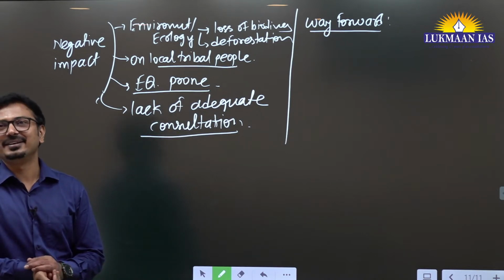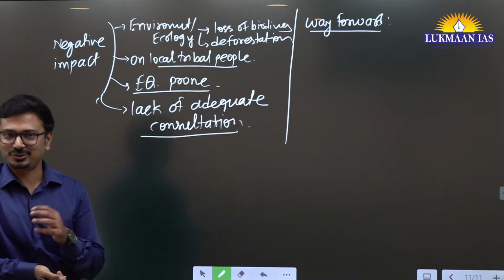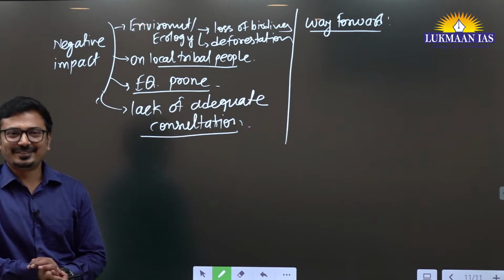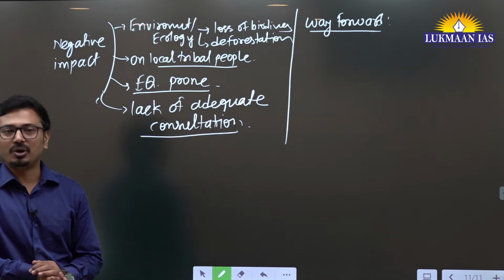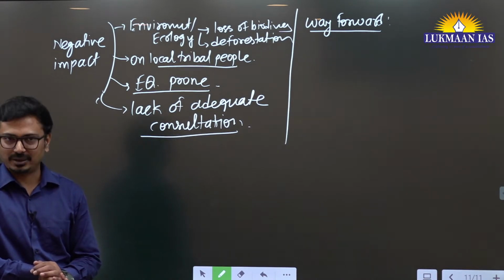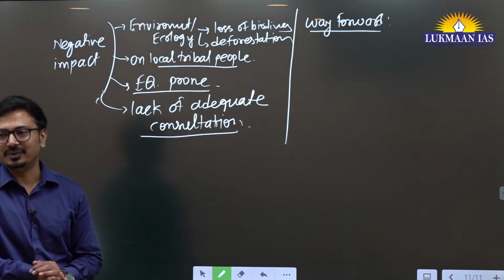Let's say in an interview you are asked whether that project should be implemented or not. So we have to say yes, but minimal impact, stringent EIA, continuous monitoring and evaluation of the impact of that project. This should be the words.